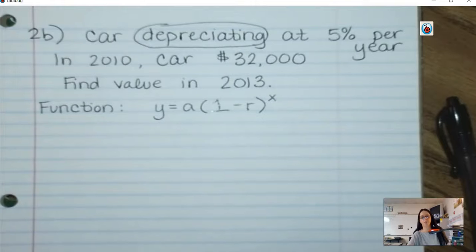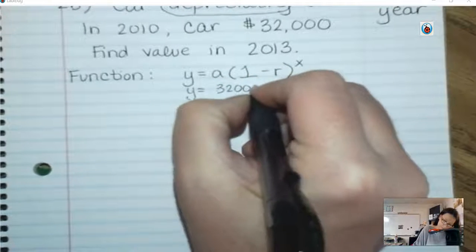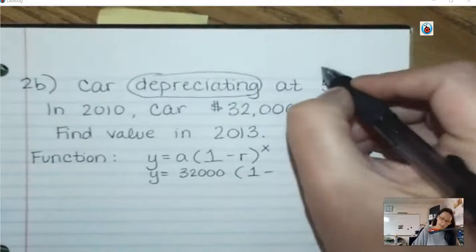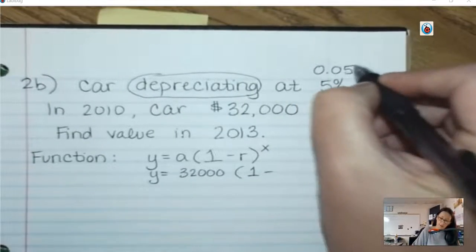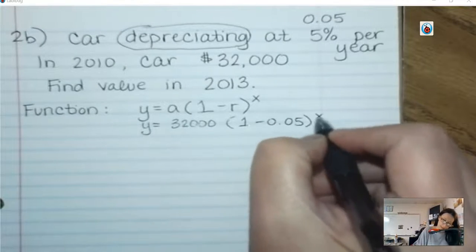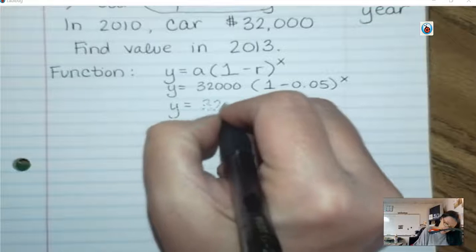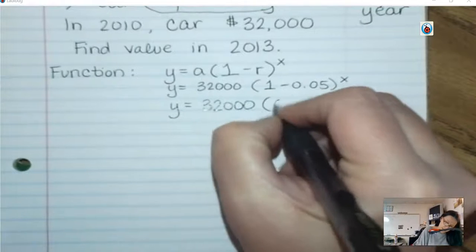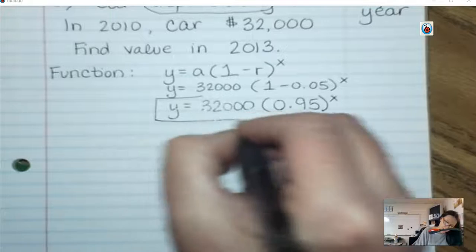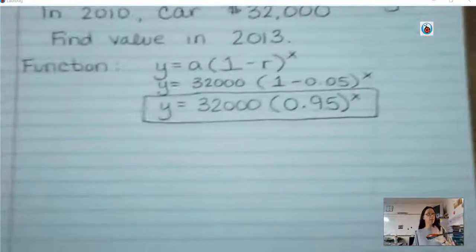Come up with the equation. 32,000. Then it's 1 minus 5% as a decimal, which is 0.05, to the x power. So your final answer will be y equals 32,000 times 0.95 to the x power, or to the t power. I don't care. So double check if that is your final answer.